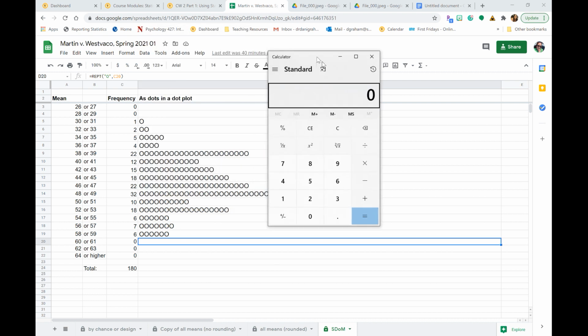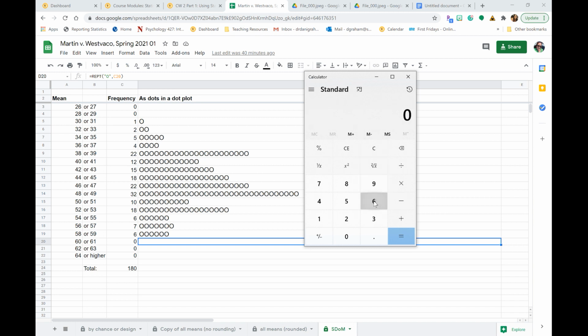So let's go ahead and calculate and find out what proportion this is. I'm going to take my calculator and I want to know, okay, we had 6 samples with average age 58 or greater, divided by a total of 180 samples in all. And I get a proportion of 0.0333.